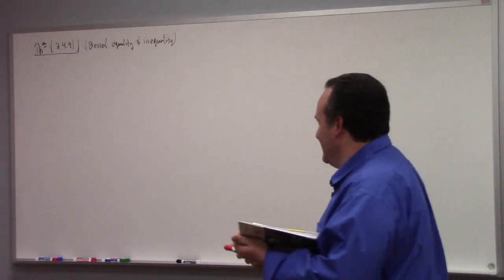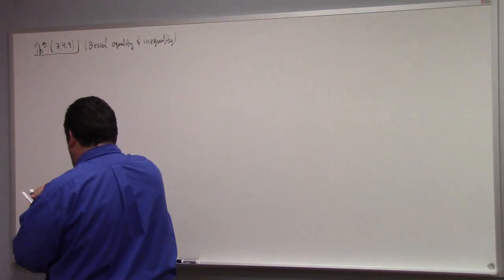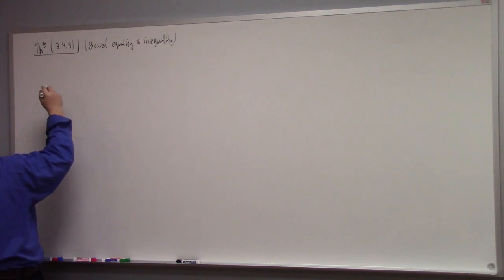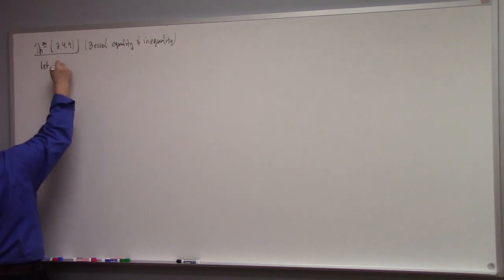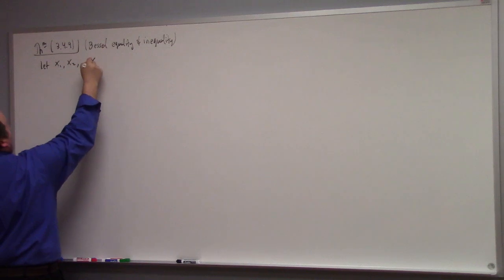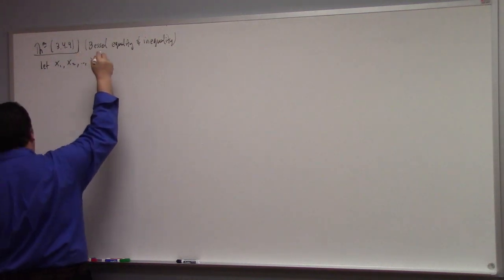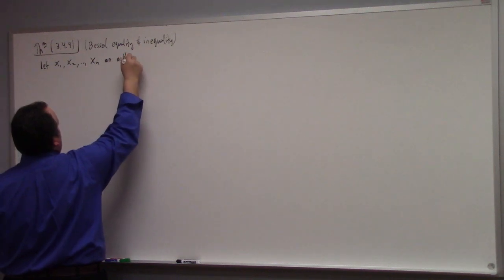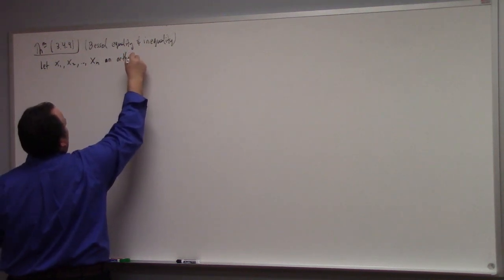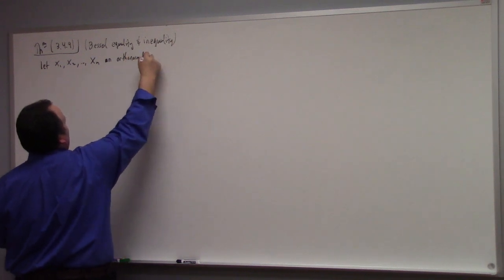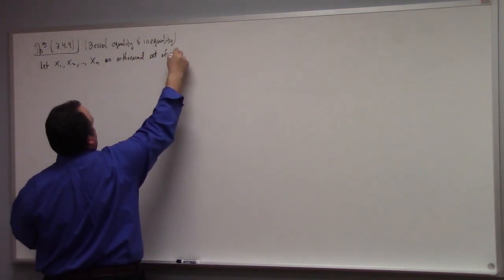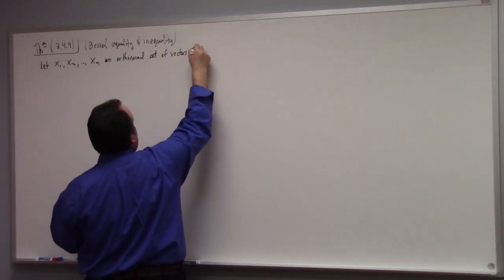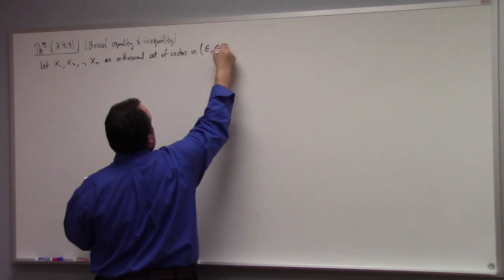I've noticed. All right. He says, let x1 through xn be an orthonormal set of... Hey, we're calling them a set now. When did that happen? Orthonormal. Man, I wish we defined orthonormal set. We never did, though. Orthonormal set of vectors in E with inner product.